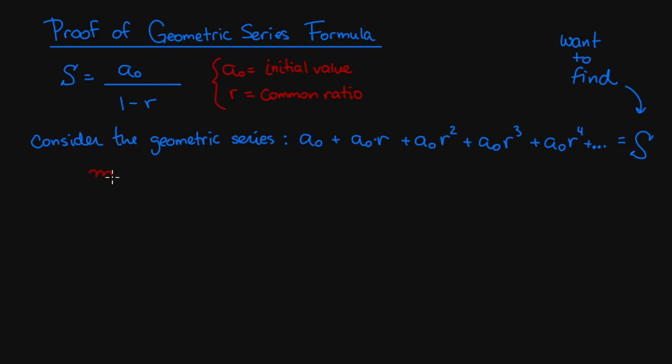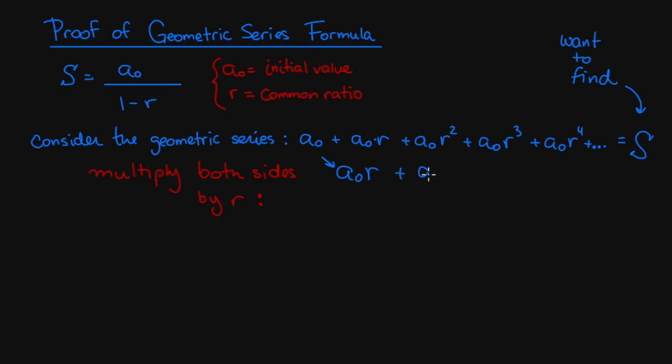So now, if we multiply both sides of this equation by r, the common ratio, then the first term on the left hand side would be a0 times r. So I'm just going to draw it slightly shifted here, and you'll see why in a little bit. But here is the product of a0, the first term, times r.